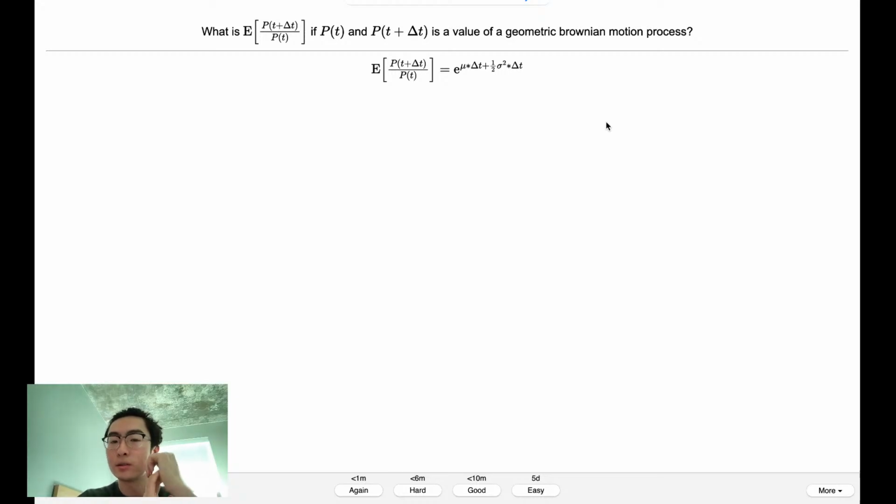Okay, so it is plus 1/2. Right, because, okay, I see why. Because this expectation is greater than or equal to this expectation by Jensen's inequality.